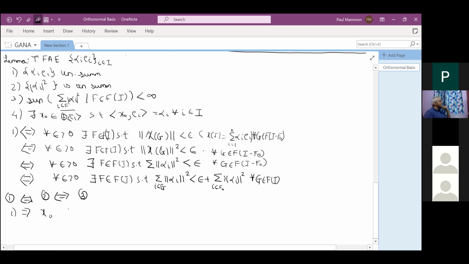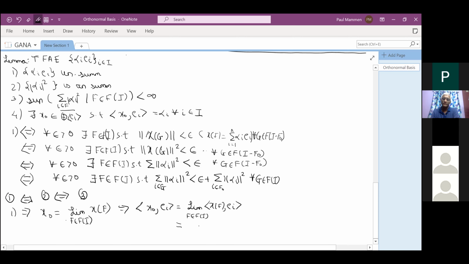If I put x naught equal to the limit of x_f, f belonging to the finite subsets, then since it's all continuous, I can just go to x naught, x_f comma e_i, and now again this is a finite sum, and so this is just going to be alpha i, because this is either going to be alpha i or it's going to be 0.